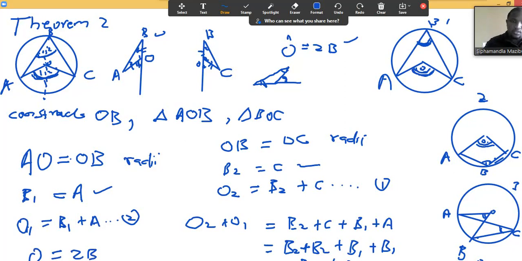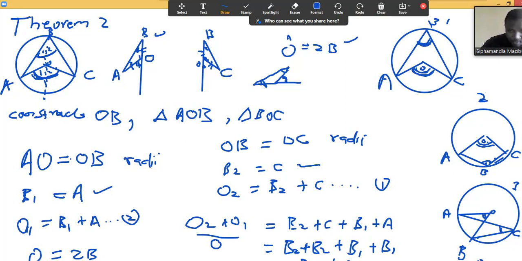So it's proven, because B1 plus B2 is simply B, and we have O. Hence we have done our proof.